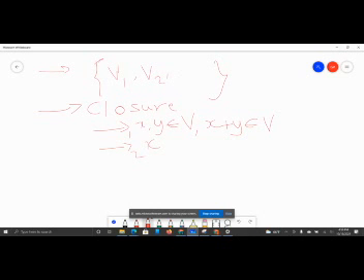On the other hand, if we have x again in V, and we have k in what I'm going to call big C, this is actually the one-dimensional complex, it's not a vector space really. It's the field of complex numbers. So basically, C over here just represents some complex number.